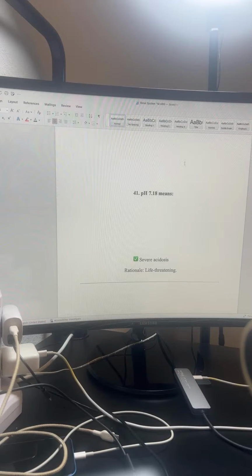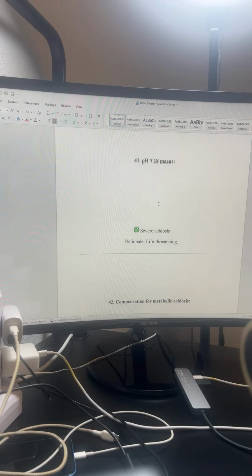What are you anticipating in terms of treatment for this patient? Your bicarbonate infusion, nice.